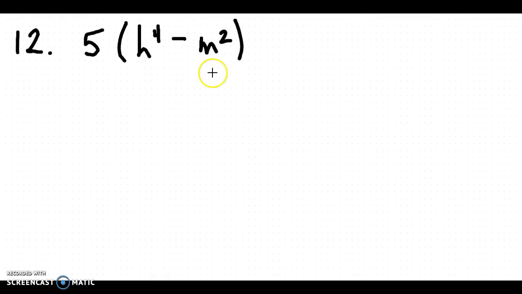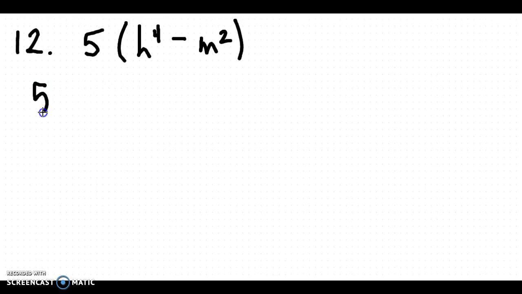Finally, looking at number 12, we have 5 times the quantity h to the 4th minus m squared. H, remember, is negative 1.